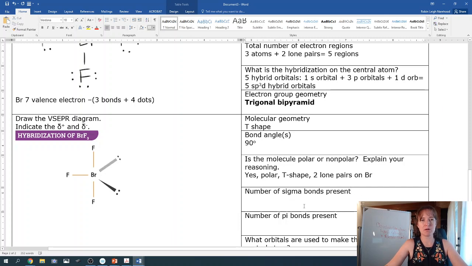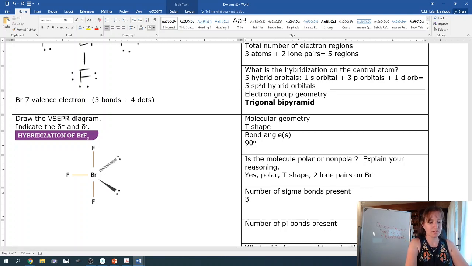The number of sigma bonds present. Sigma is the bond that's created using the hybrid orbital. It is the first bond. So if you draw a structure with only single bonds, you only have sigma bonds. So you look over here and we've got 1, 2, 3 bonds, and they're all single. And so there are 3 bromine single bond fluorine.